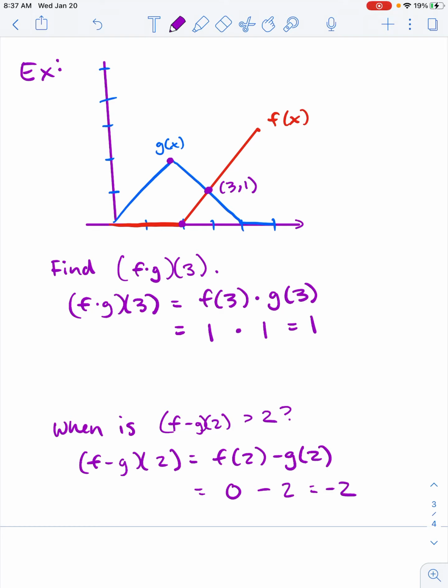So this is going to end up with a negative difference, which makes sense because that blue line is higher than the red line at x equals 2. So we want to think of the times when the red line is more than 2 units higher than the blue line. So we're basically looking at this section right here.